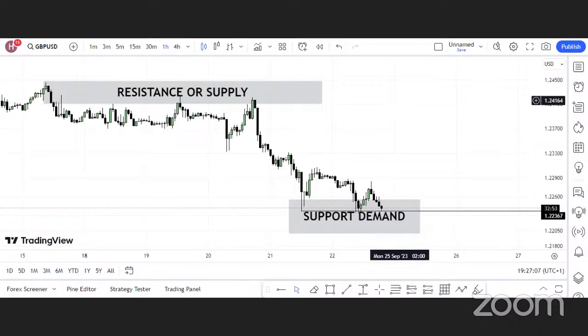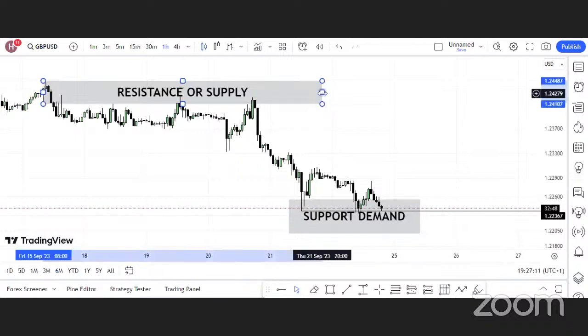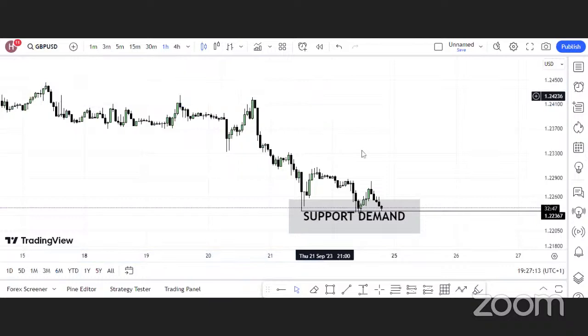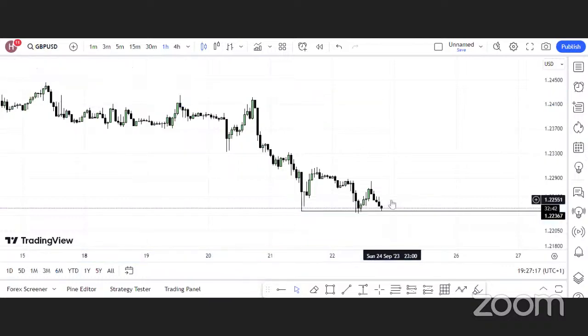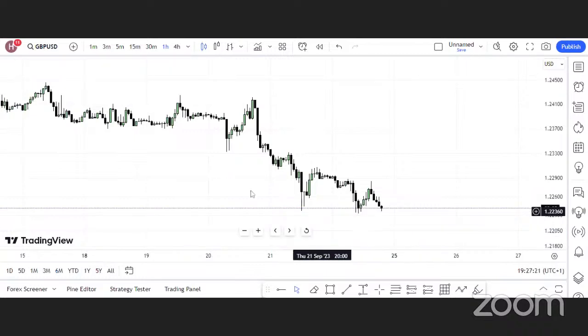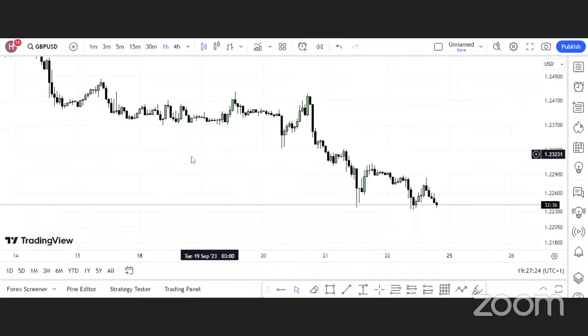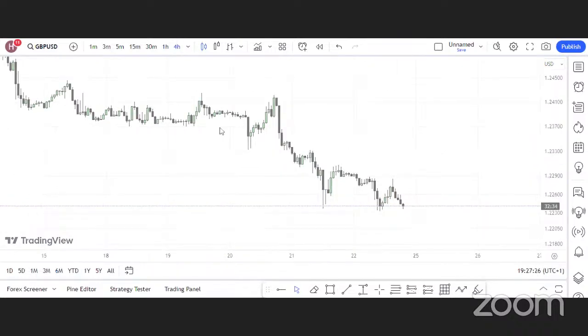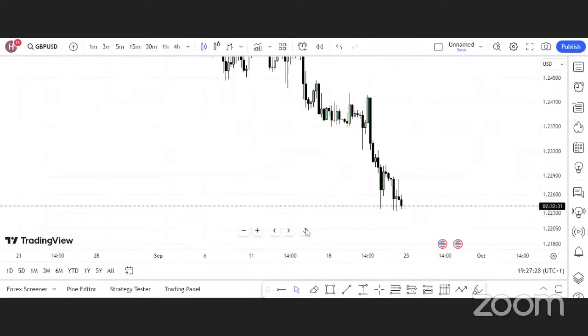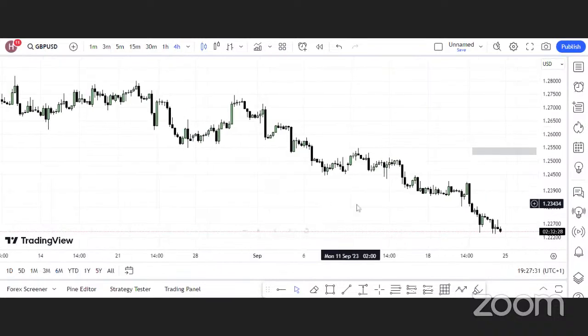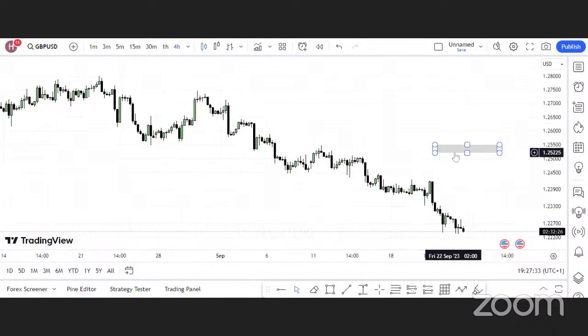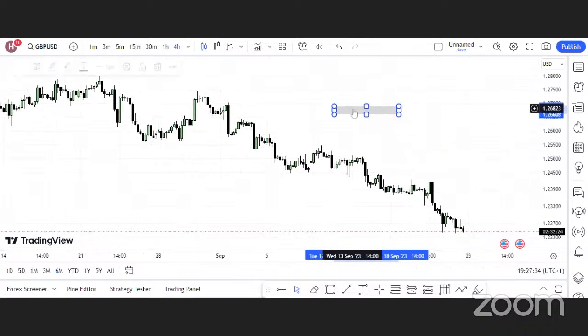And how do you use this support and demand in your analysis? As a trader, what you want to do is look for opportunities where there are buyers or where there are sellers. As a forex trader, you want to be looking for where the buyers are or where the sellers are.